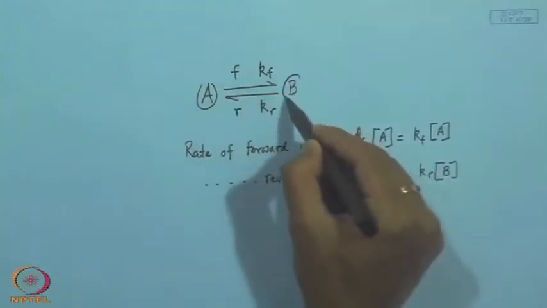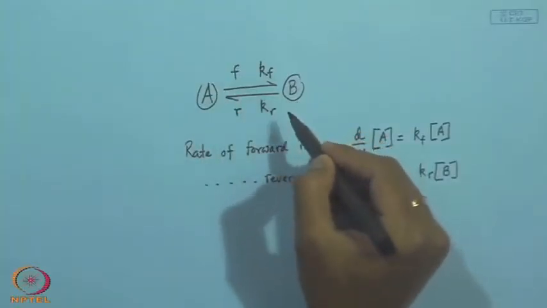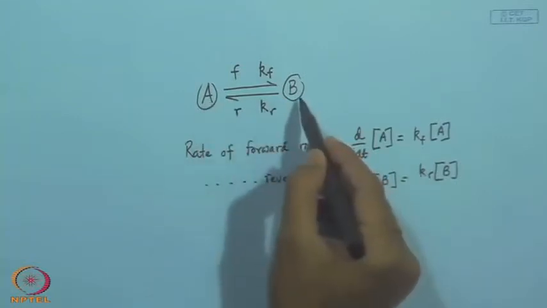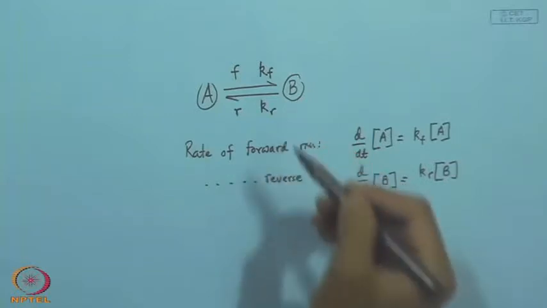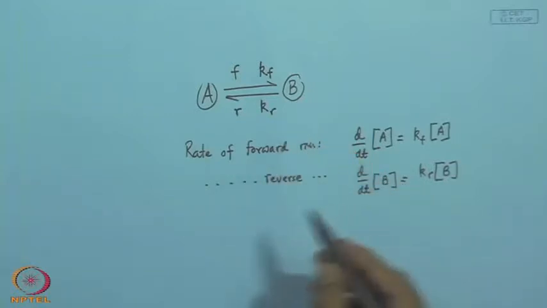So, what is happening at equilibrium? At equilibrium, virtually there is no change in concentration. That means if we consider a particular constituent, like say A or maybe B, with time there is no change in the concentration of A or the concentration of B, if equilibrium has been attained.